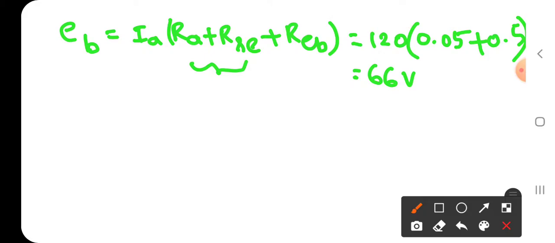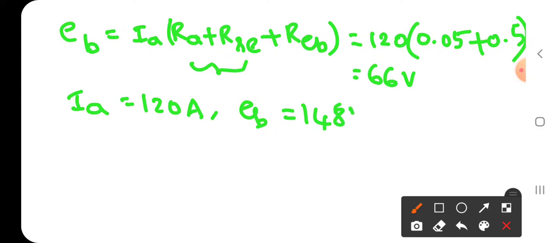66 volts, and we know that from the table, when IA is equal to 120 amps, EB is equal to 148 volts.